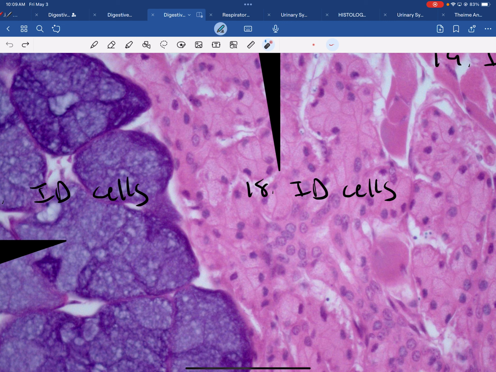Yeah, we're in the oral cavity, so how do we start digesting the food chemically with these cells? Which macromolecule are we digesting? Good, carbs.